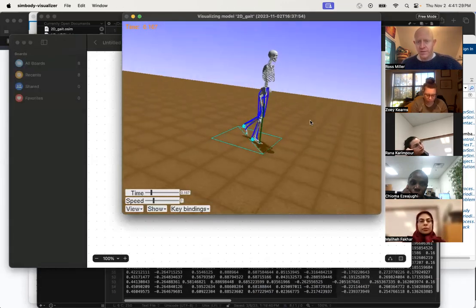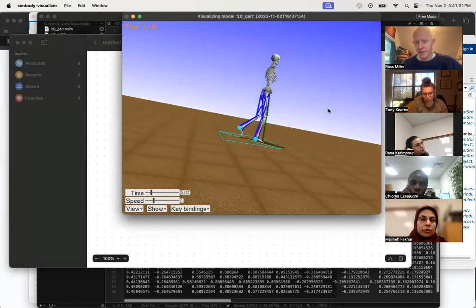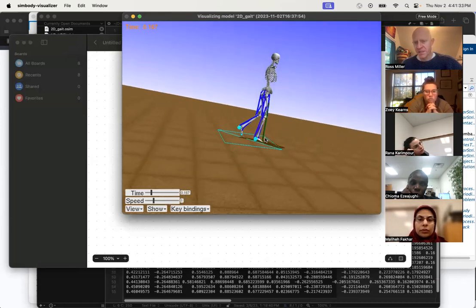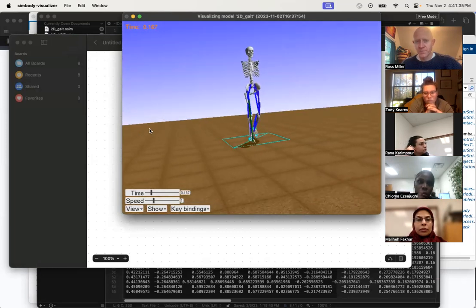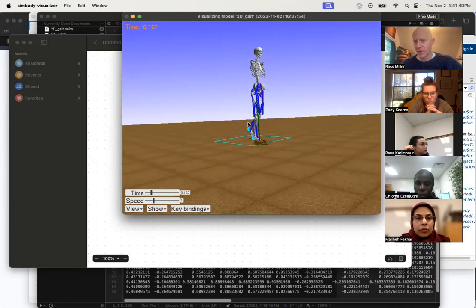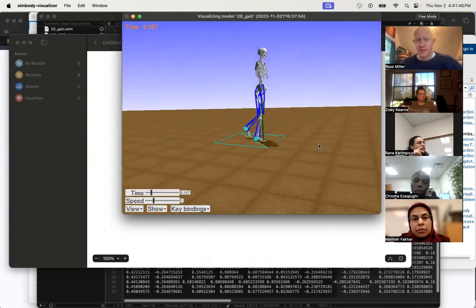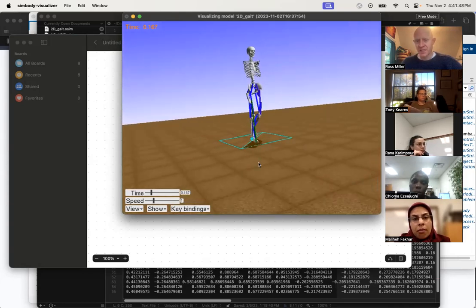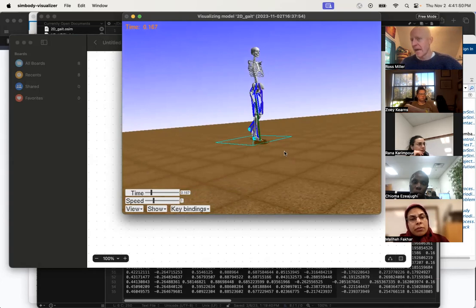You can see here that while this model is moving, even in the middle of the stance phase of the right leg there, the muscles are not very active. This model is coded up here such that the shade of the color of the muscle shifts from blue to red, depending on how active it is. And you can see here that even when it's in the middle of its stance phase, the muscles are not super highly active.